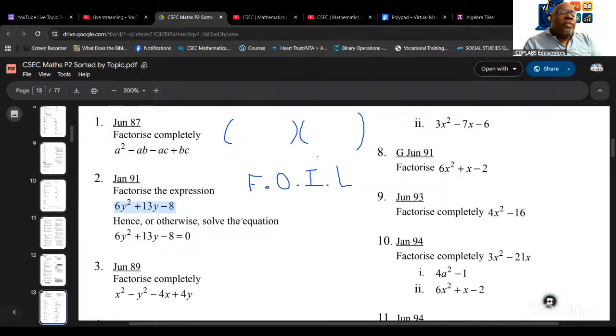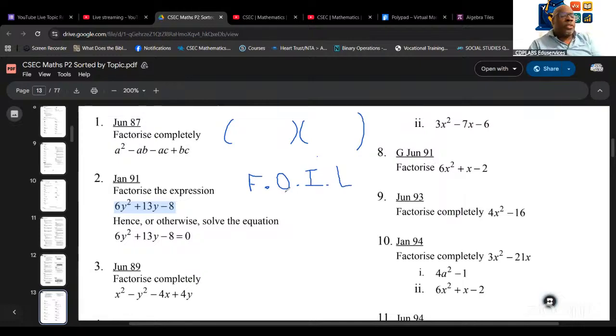Now, the F means the first two. O means the two outer ones. If you spread your hands out like this, your fingertips will be the outer ones, and your body in between would be the two inside ones, and L is the two last ones.